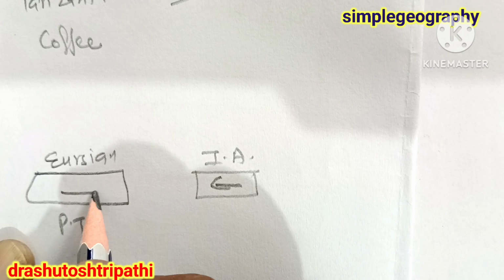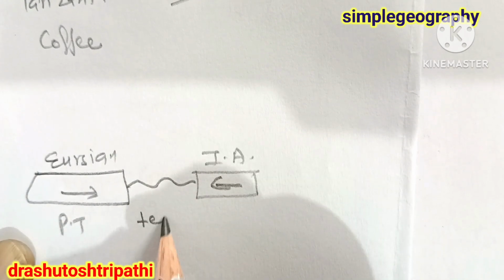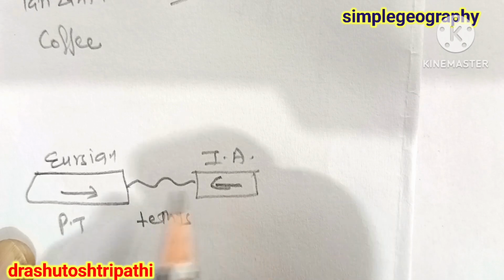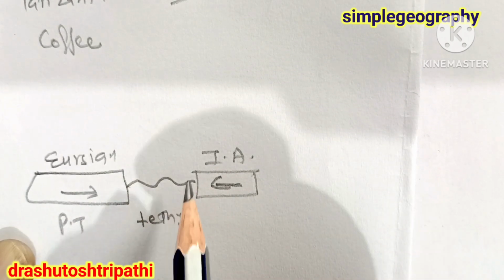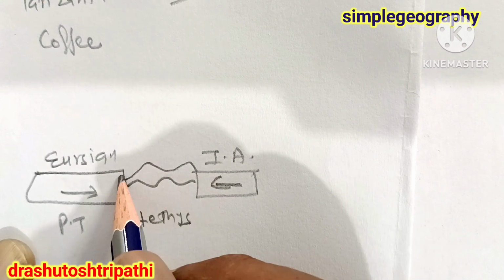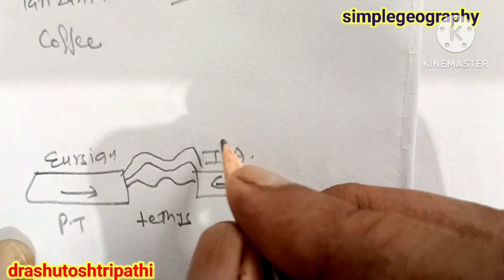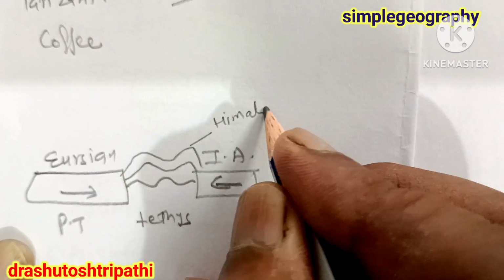This is the Eurasian plate and this is the Indo-Australian. Both these plates move towards each other, and here is the ocean that is known as Tethys. Due to continuous movement towards each other, these two plates collide. What happened? The sediments here start moving upward, and due to this, on the Indian side, the Himalayan mountain is formed.